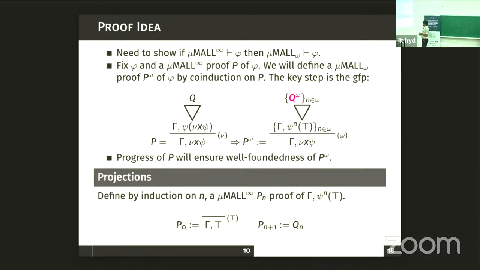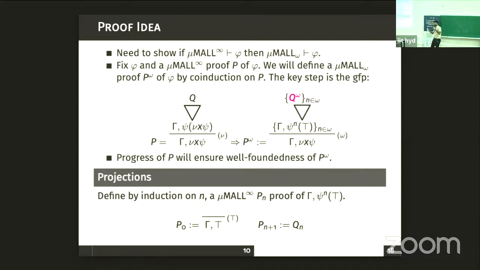Right. So basically, we need to show something like: if the non-well-founded proof system for mu-MALL proves a formula phi, then the well-founded system proves the formula phi. Just fix phi. A proof P of phi will define a well-founded proof.